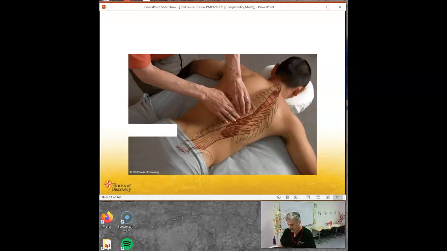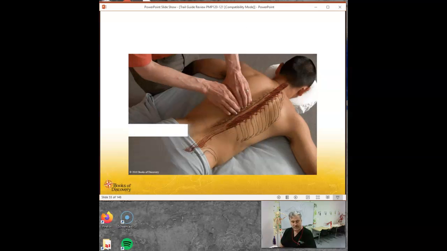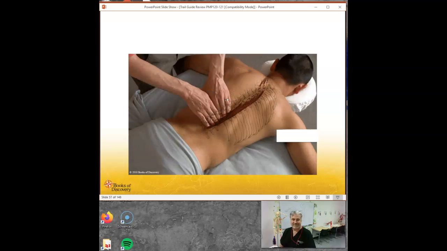Miss Hawks, what muscle is this? That's the iliocostalis. Beautiful. And what muscle is this? That's the longissimus. Beautiful. And what muscle is this half of on both sides? The spinalis. Yes. And if these 3 muscles work together bilaterally, if both sides are pulling, what do they do? They flex the spine.